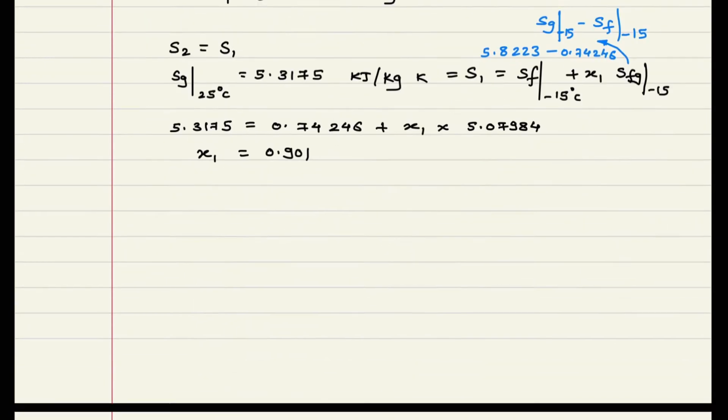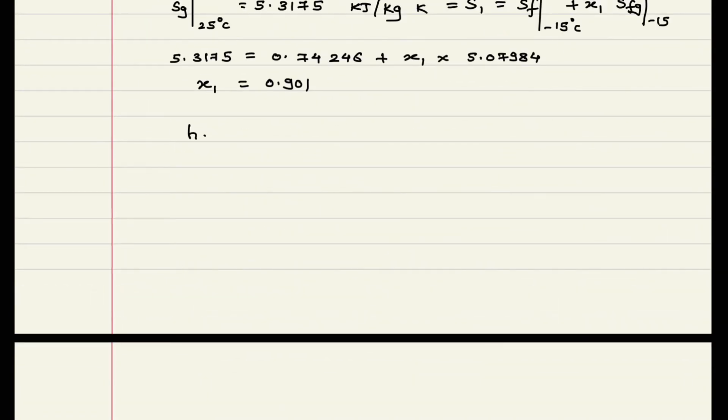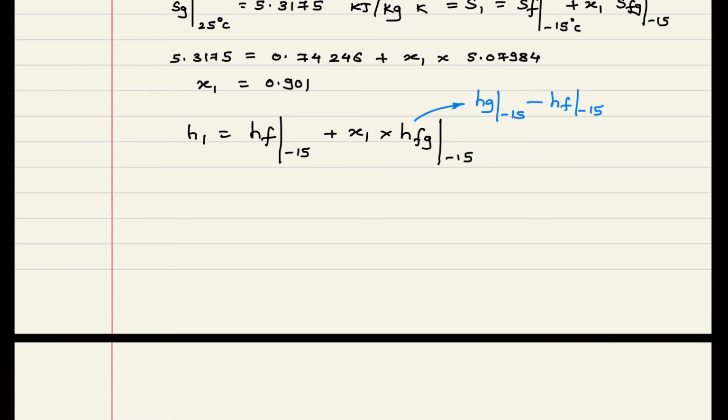So I'll write down H1. H1 is equal to Hf at saturation temperature, which is -15, plus X1 into Hfg at -15. Now this Hfg will be Hg at -15 minus Hf at -15.